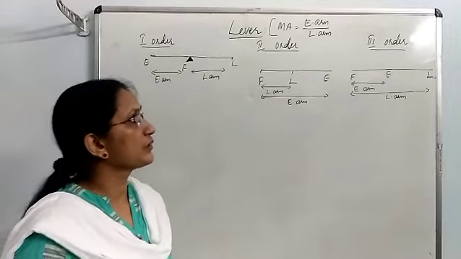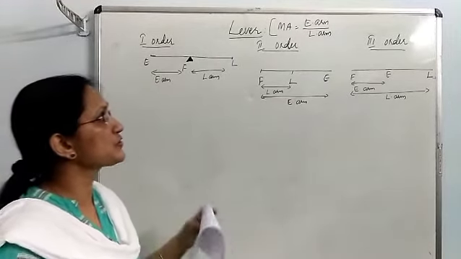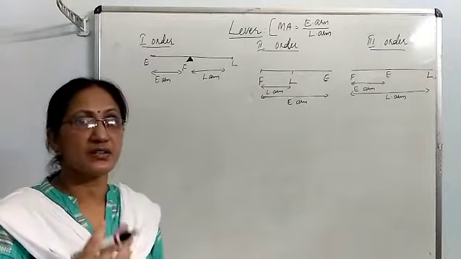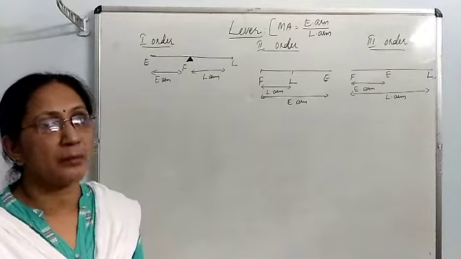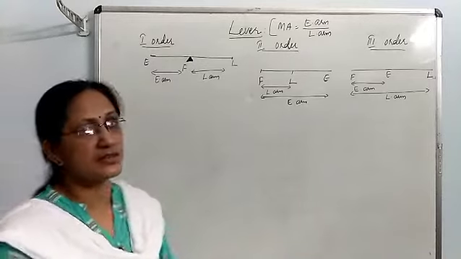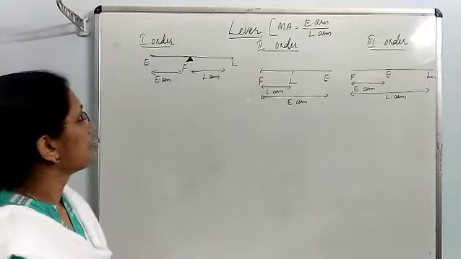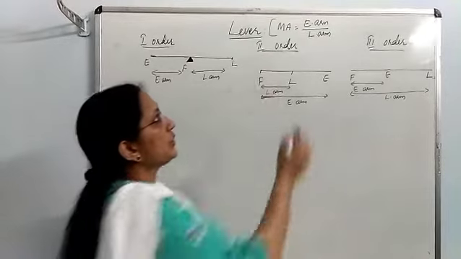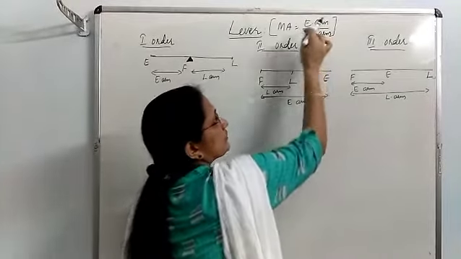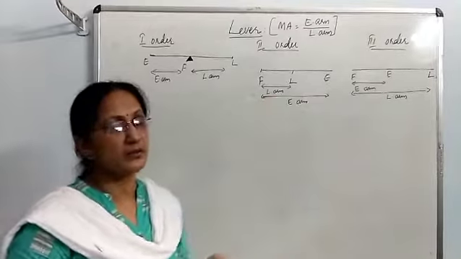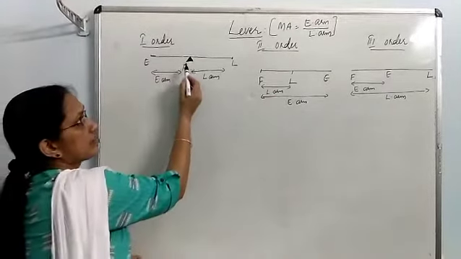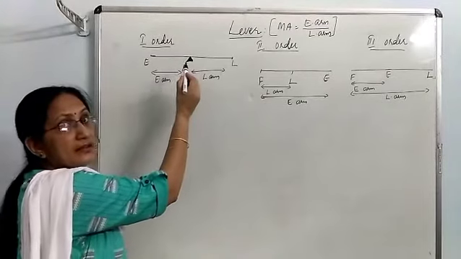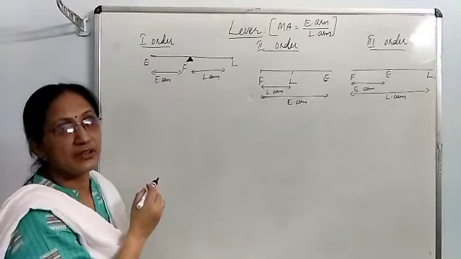Now, let us calculate what is the use or what is the function of these levers. Let us calculate MA of these levers. MA is equal to effort arm by load arm. This formula can be applied in case of levers. Look at this diagram. First order lever, fulcrum I am keeping exactly at the midpoint of the lever.